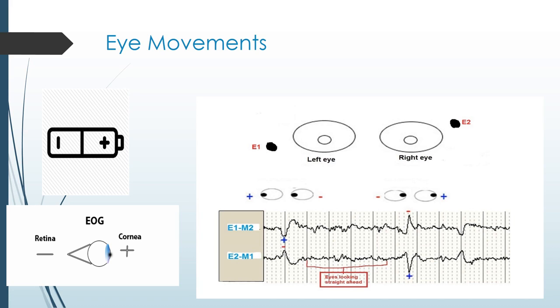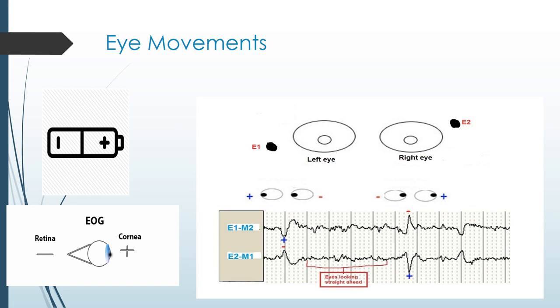Okay, now keep staying on that top line and let's go over to the next one. Now the person is looking right. So now the retina has moved towards the left eye electrode, excuse me. So that has made a negative deflection, and now that line has moved upward. And then it goes back to center.